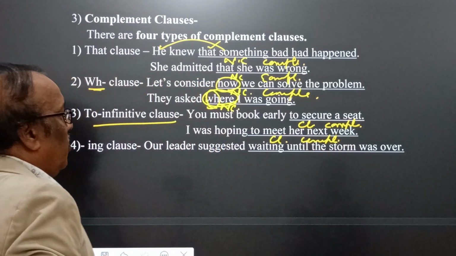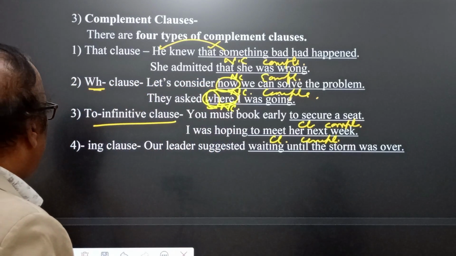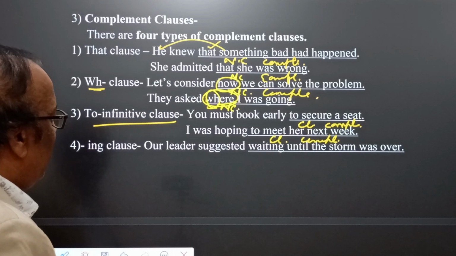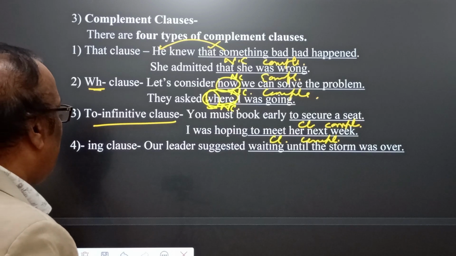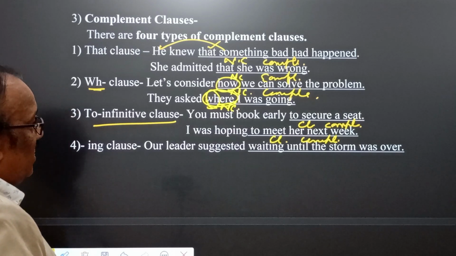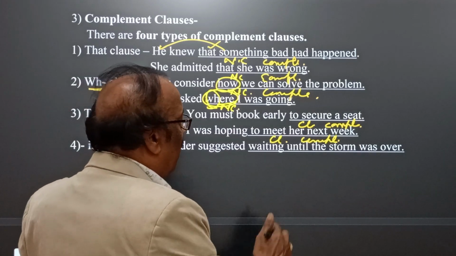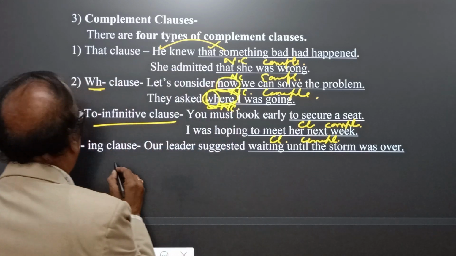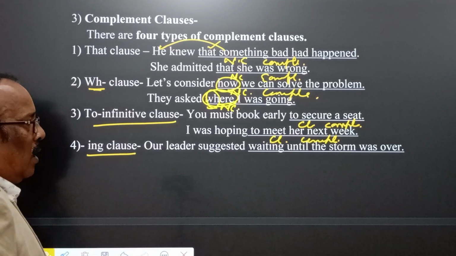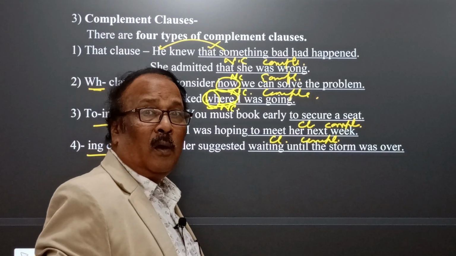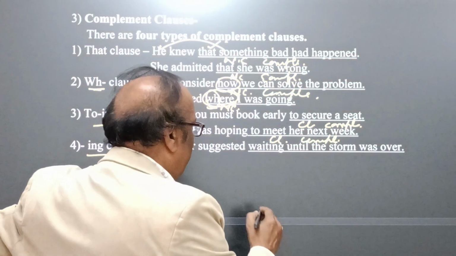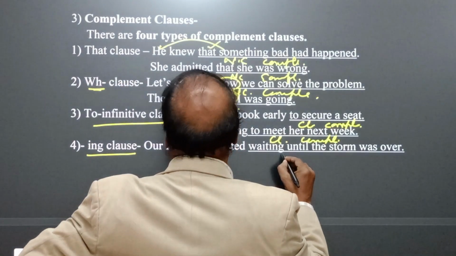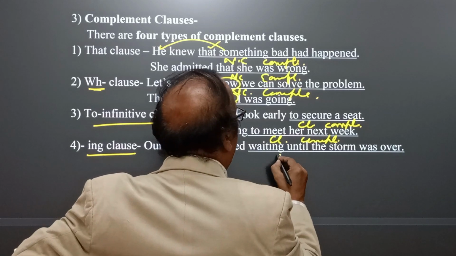Then here we find to meet her next week, and our leader suggested waiting until the storm was over. Our leader suggested waiting. This is what we call ing clause. Here there is a verbal noun, and waiting until the storm was over is also an ing clause complement.